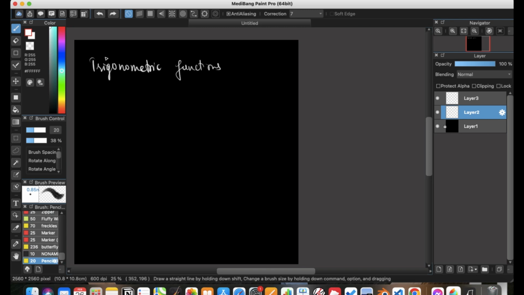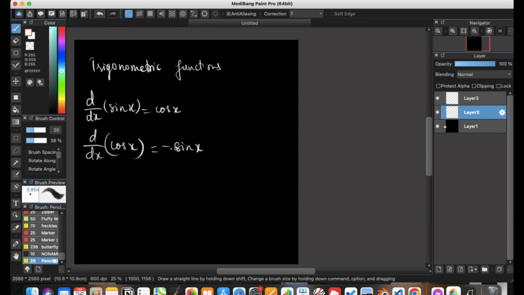Okay, we're going to talk about exponential and logarithmic functions later, but now let's talk about trigonometric functions first. So basically, just remember that the derivative of sine x is equal to cos x, and the derivative of cos x is sine x, but make sure to add a minus.